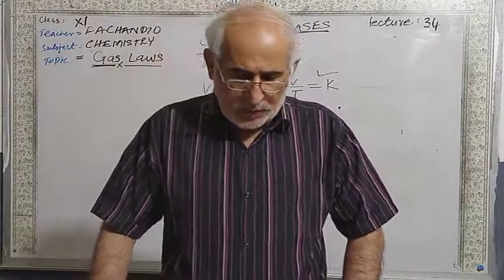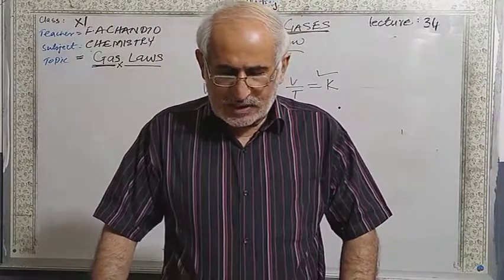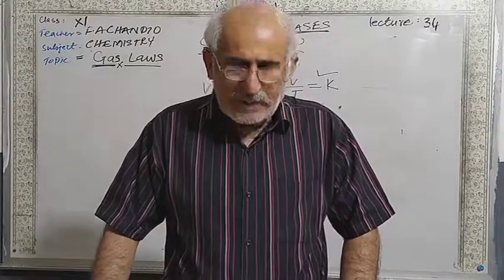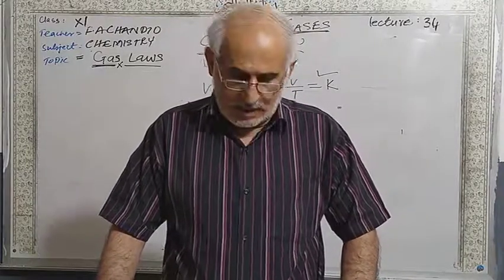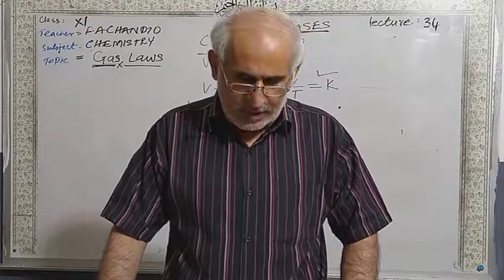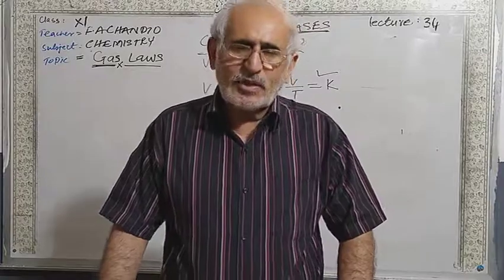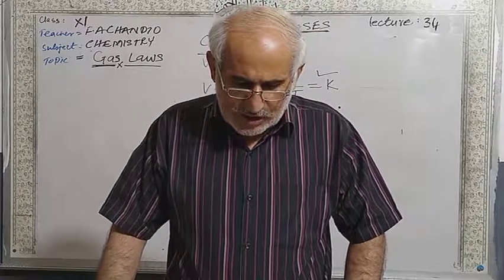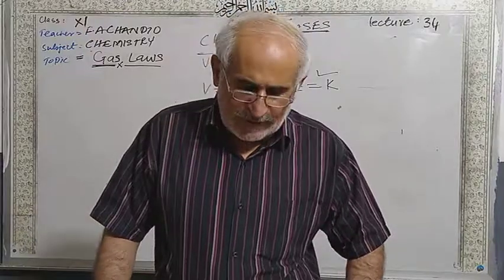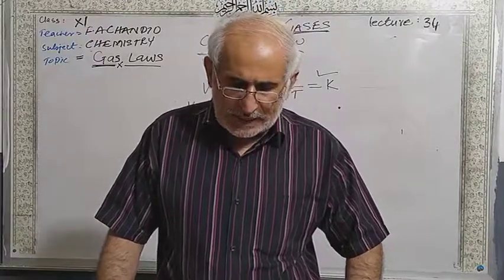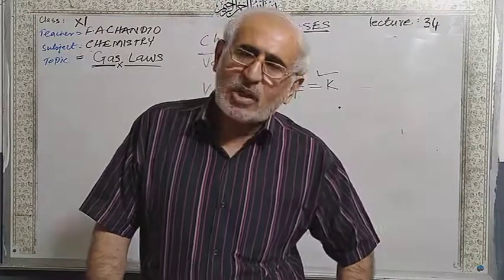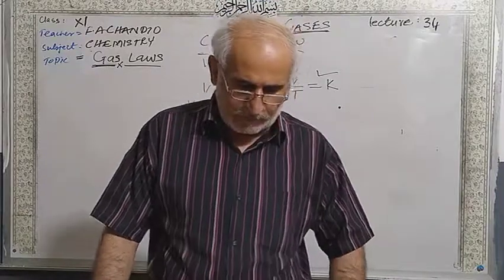In his preliminary investigations, Charles observed that gases such as hydrogen, the lightest gas, carbon dioxide, heavier with molar mass 44, and oxygen, a little heavier with molar mass 32, expanded equally on heating from 0 to 80 degrees Celsius at constant pressure.